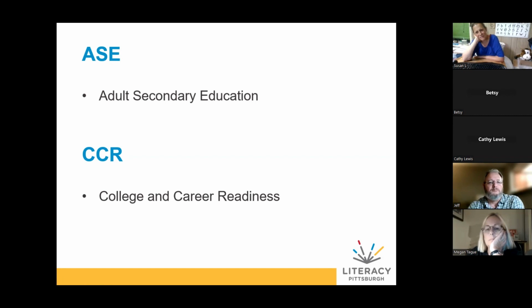So that is CCR, and that's a term that we use to mark our classes that are meant for students studying either for GED or college or career.